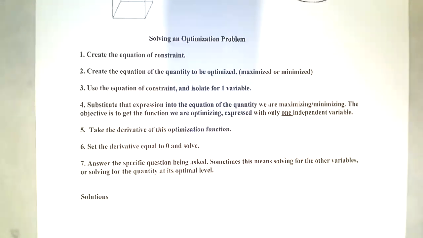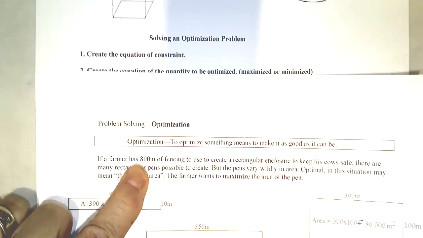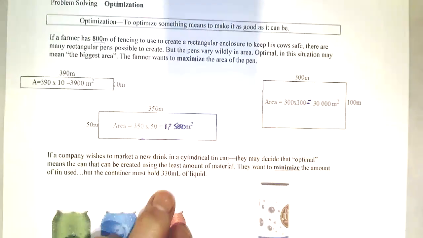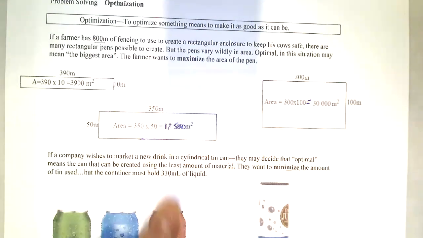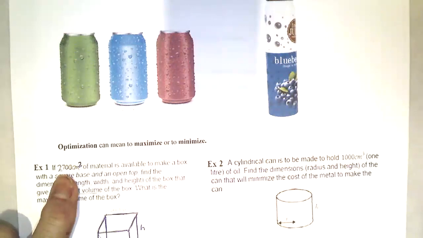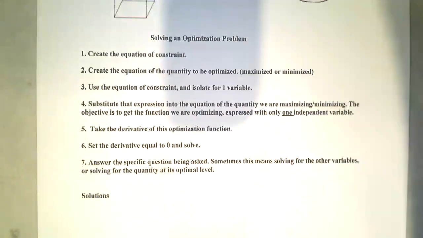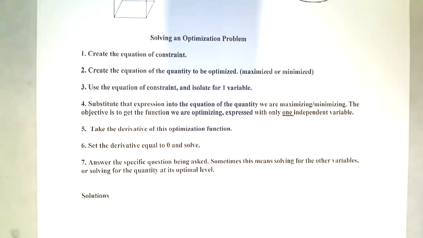Well, the technique is written here in steps, okay? When I say in these questions that the farmer has to use 800 meters of fencing to create his pen, or the drink has to hold 330 milliliters of liquid, or the box has to be made from 2,700 square centimeters of material, I am constraining you, holding you back, so that you can't just make any box or any cylinder.